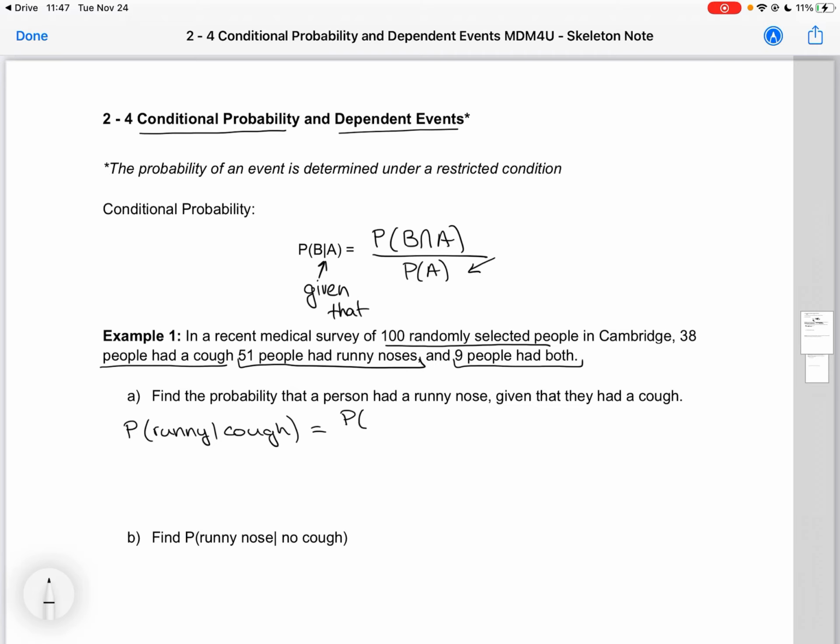Now what we need to determine is the probability that those two events happened together, and we're going to divide by the number of people that had coughs.